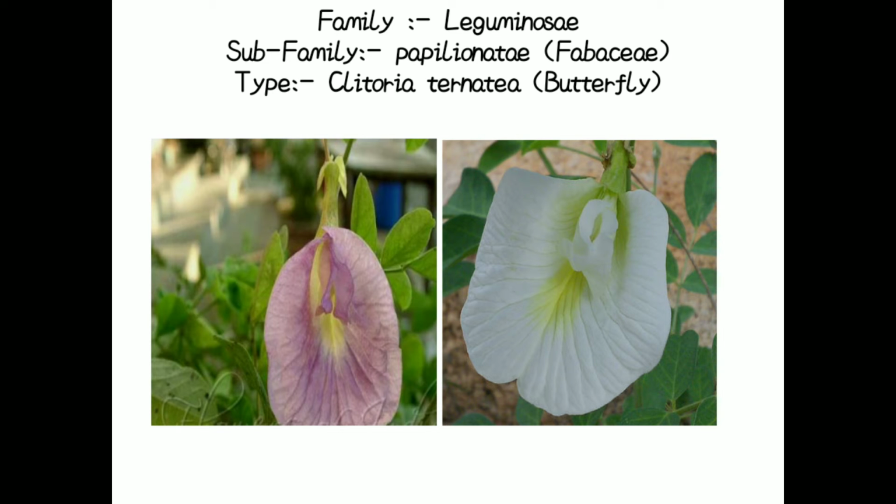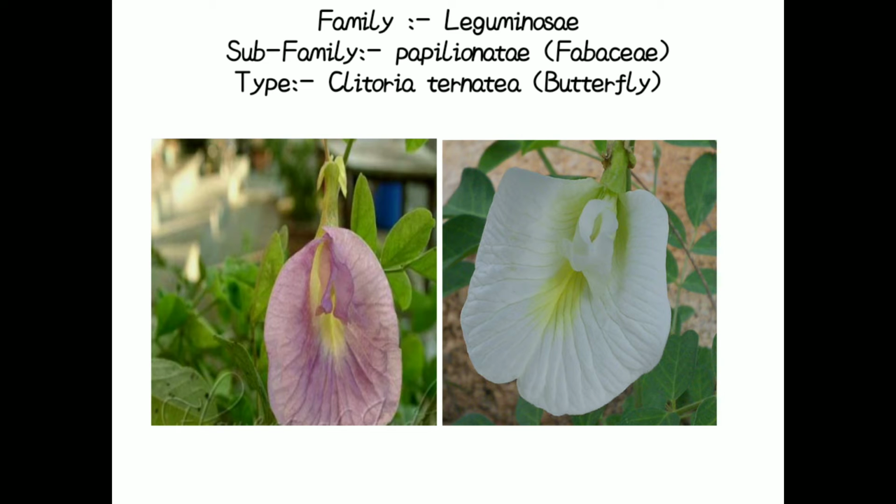So friends, we can observe here the flower of Clitoria ternatea, or by the common name, butterfly pea. This belongs to the family Leguminosae.